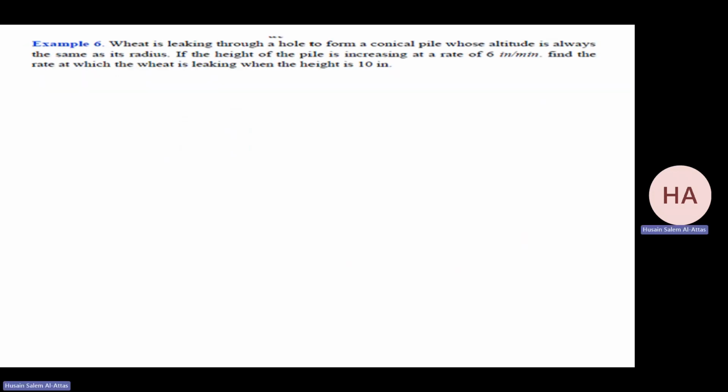Okay. Which is leaking through a hole to form a cone whose altitude is always the same as its radius. So I'm making a cone. I notice h equals r, always the same as its radius. Okay. If the height is π, dh/dt equals 6.